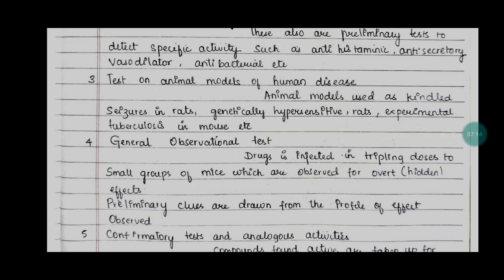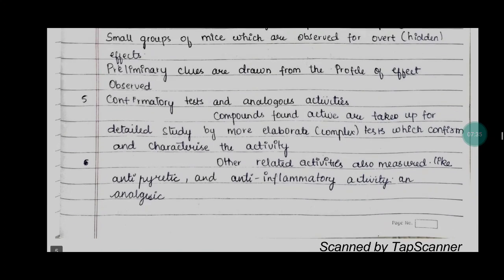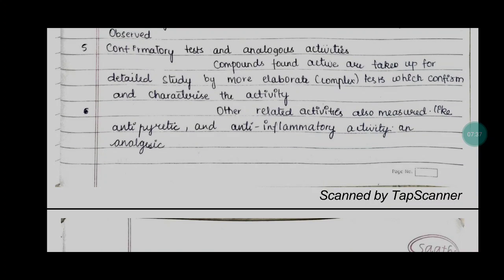And number four, general observational test, in which drugs are injected in graded doses to small groups of mice which are observed for overt or hidden effects. The preliminary clues are drawn from the profile of the effects observed. And number five, confirmatory tests and analog activities.